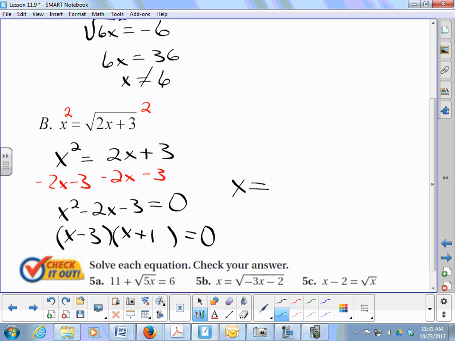So x equals what? They are the opposites, right? So we get negative 1, positive 3. Positive 3 here is what makes that equal to 0. Negative 1 makes that equal to 0. Now, one of them doesn't work.